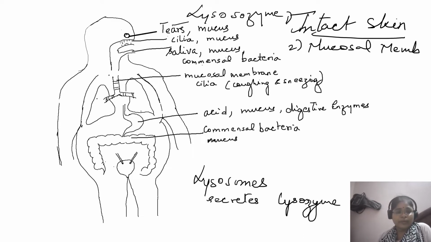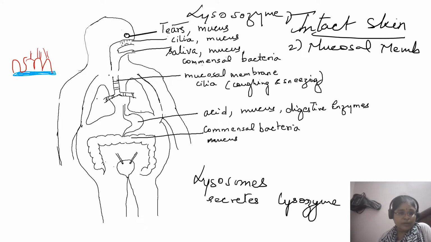Suppose I start making, this is your basal lamina, a membrane, and the epithelium rests on the basal lamina, if you remember. Inside it are goblet cells also, and basically they have got cilia over them.